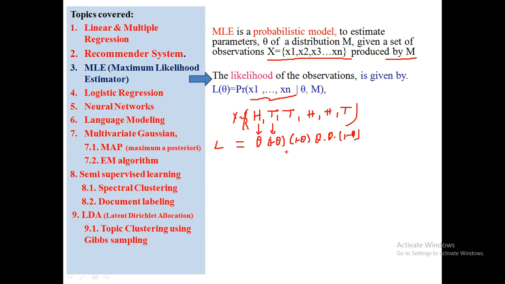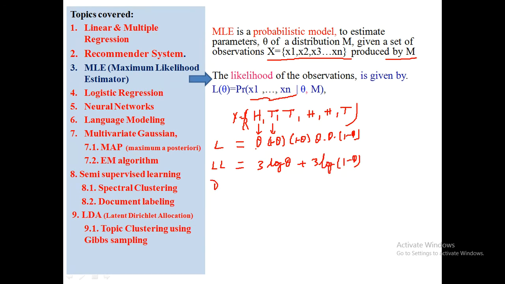For the sake of simplicity in taking the derivative of the function, we take log on both sides. That is also called log likelihood. So it will be 3 log theta plus 3 log (1 minus theta).